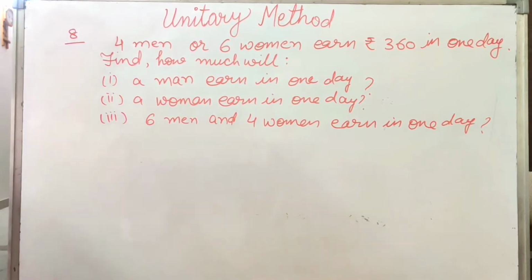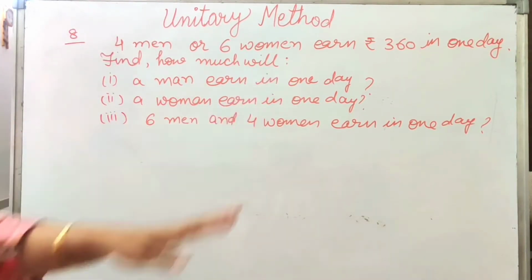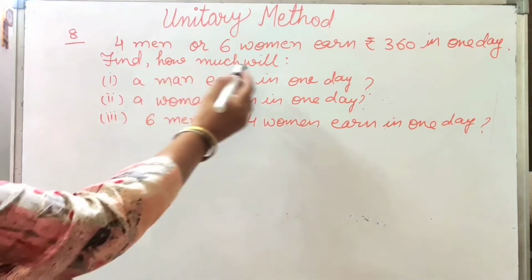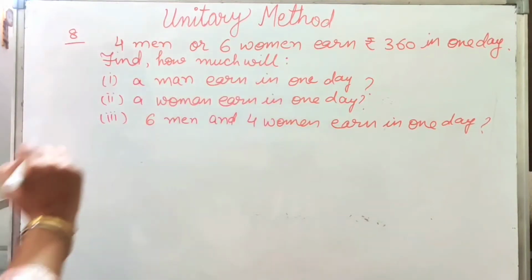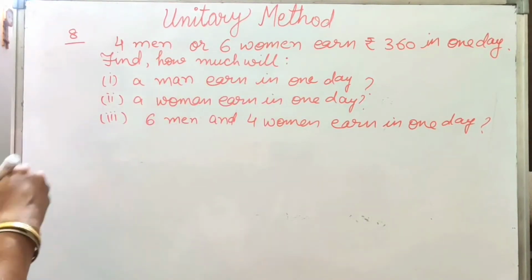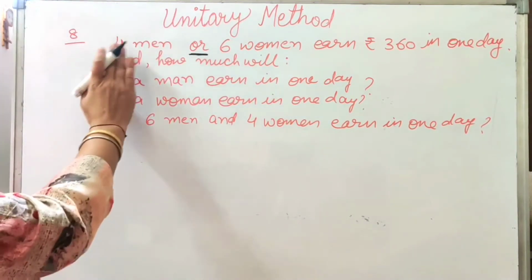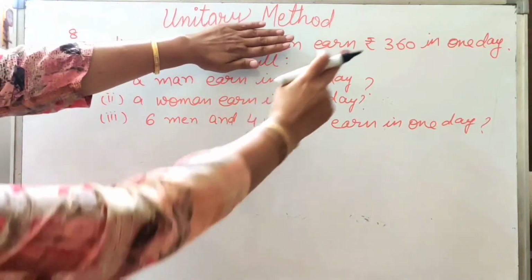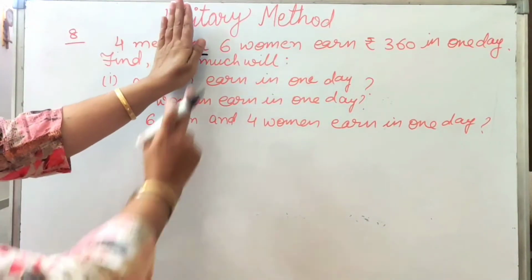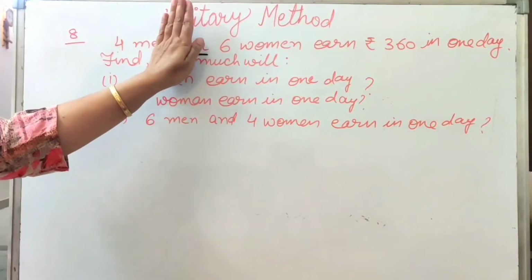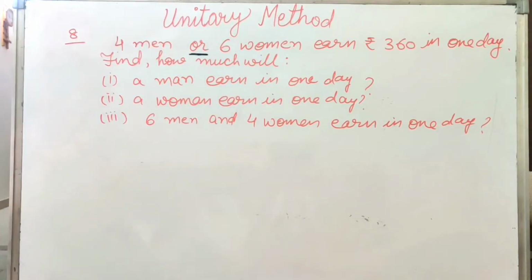The question is: 4 men or 6 women earn rupees 360 in 1 day. Find how much a man will earn in 1 day. Be careful, it is given 'or'. Or means 4 men earn 360 in 1 day, or 6 women earn 360 in 1 day. We will apply unitary here.